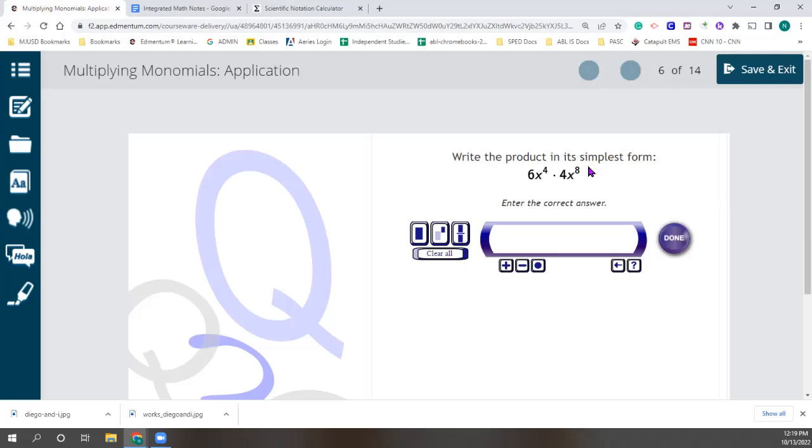I am going to combine and then use the product rule for exponents and add the 4 plus the 8. Should be 24x to the 12th power. Done.